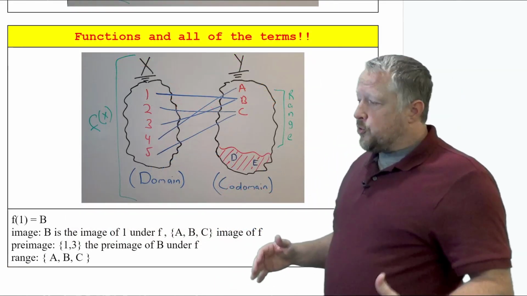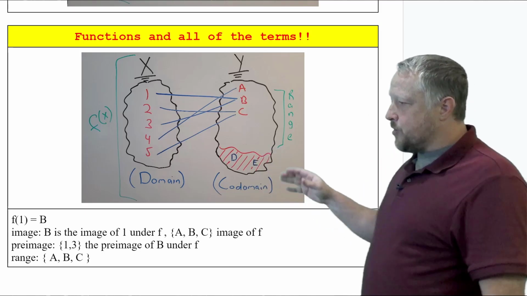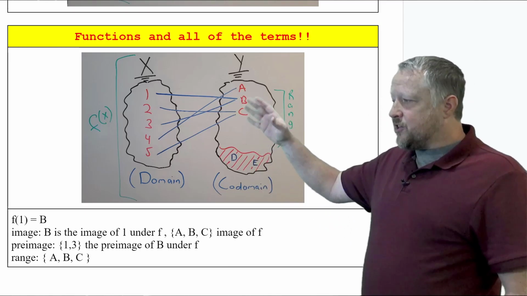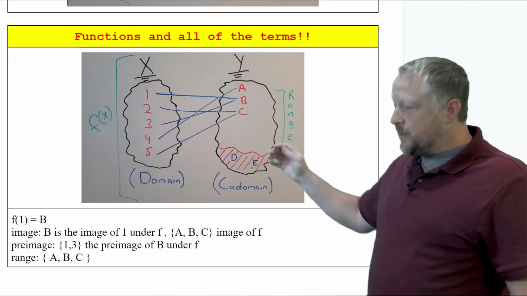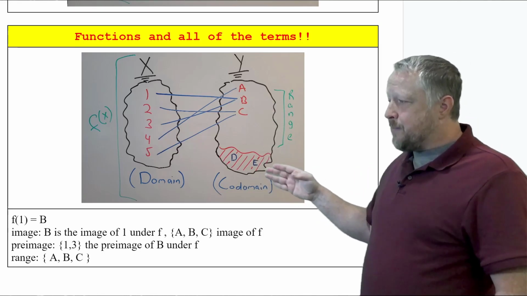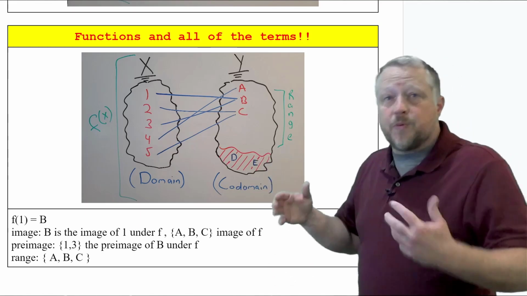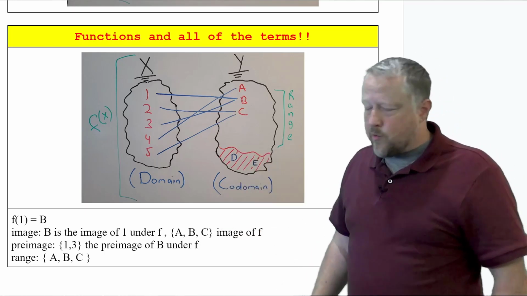Here's putting all of those terms together in basically an exercise. So notice, by the way, in this, we have a range that is definitely different than the codomain. It is a set within the codomain, but D and E are two values that we just can't reach in this particular function, whatever it was.